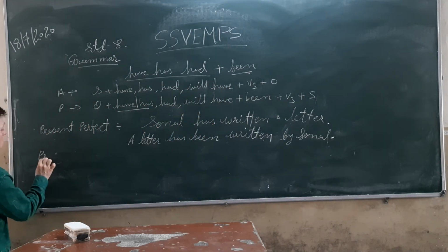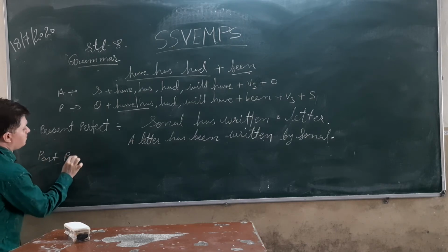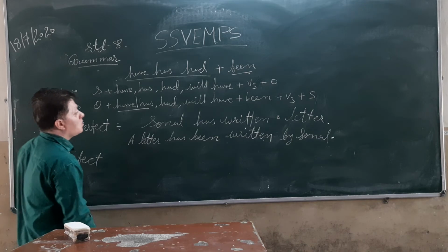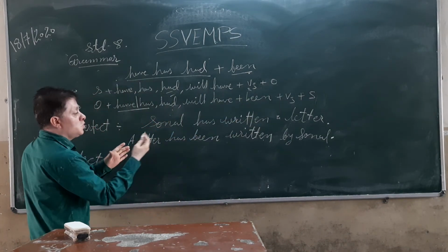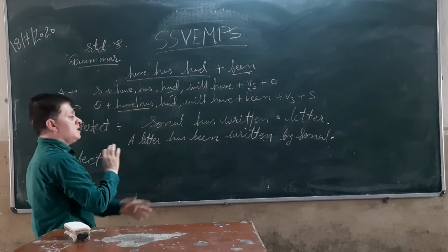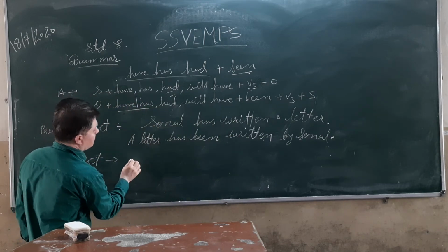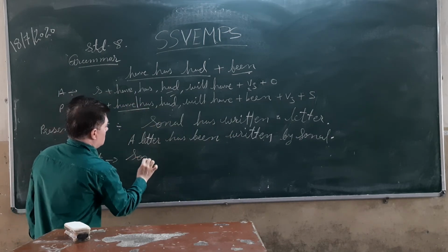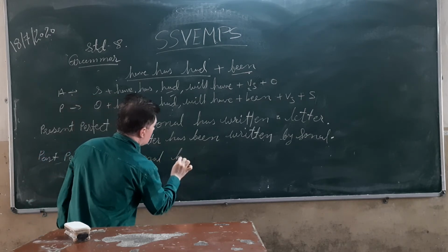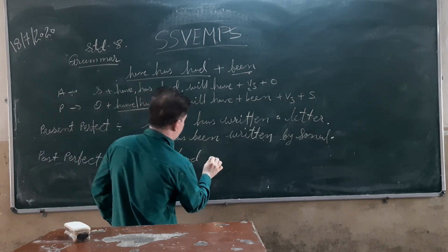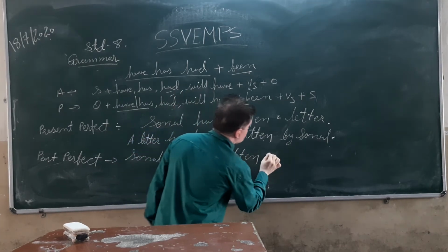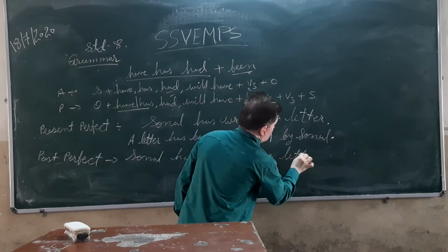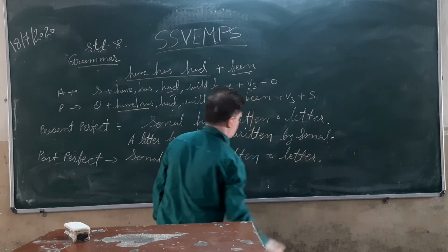Okay, now past perfect. There you already have had with both. So you have to convert only the subject and object places. Sooner had written a letter.